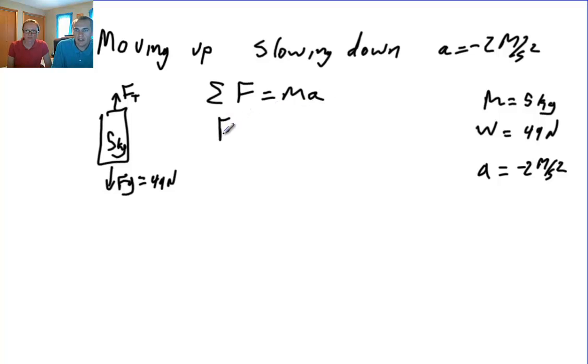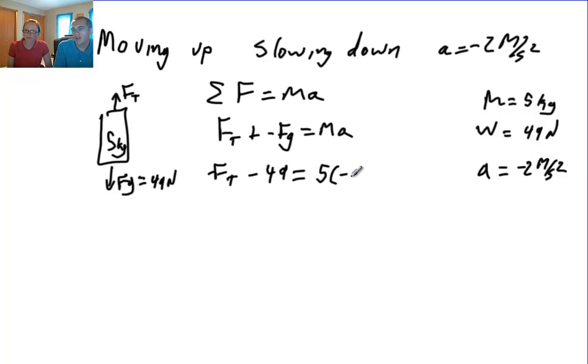So Ft, it's still positive, plus a negative Fg, equals mass times acceleration. So Ft minus 49 equals mass is 5, acceleration is negative 2. So Ft minus 49 equals negative 10.